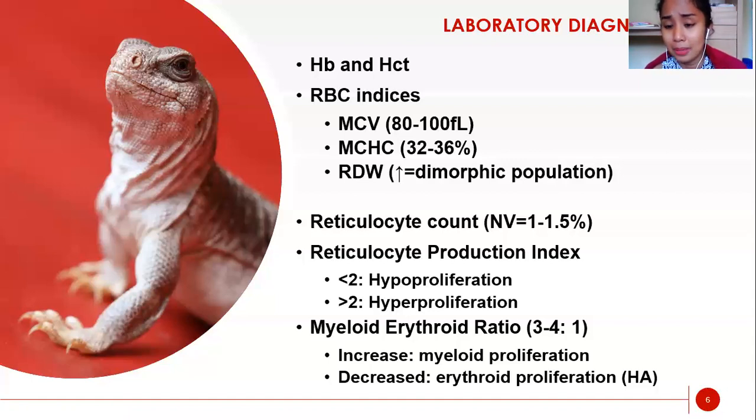So, reticulocyte count. The normal reticulocyte count should be 1 to 1.5%, meaning about a maximum of 3 in a peripheral blood smear. Anything more than that can be stress reticulocytes, meaning the body is trying to compensate for the decreased amount of red blood cells. That's why it is prematurely releasing baby red blood cells.